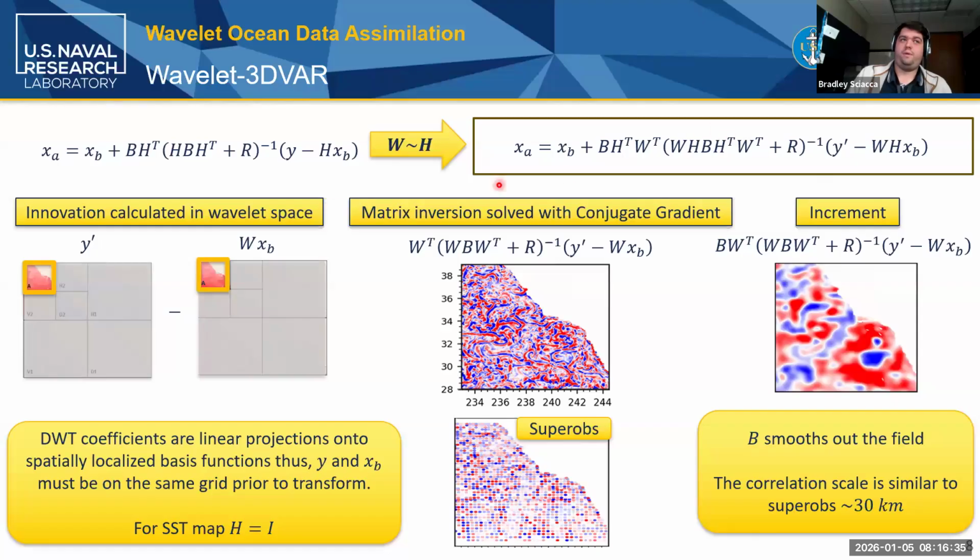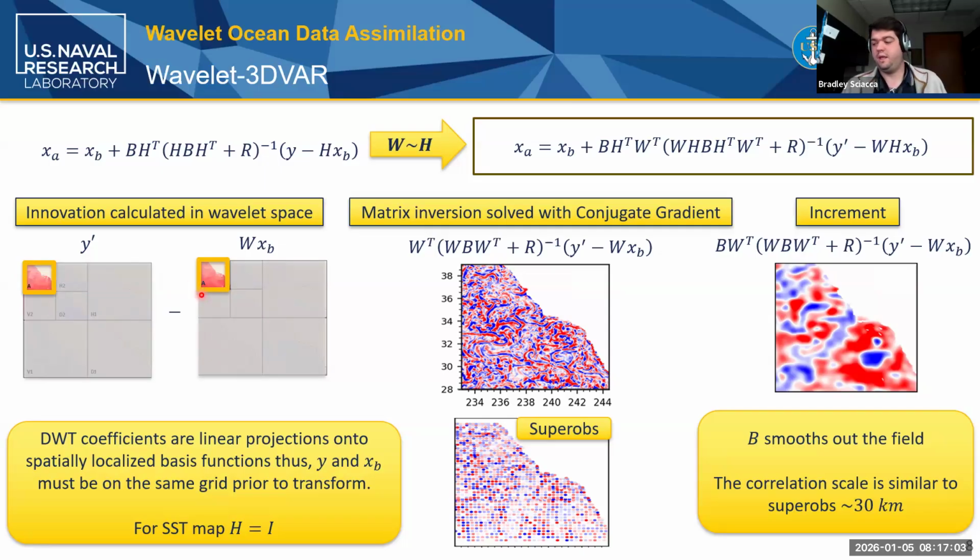So we will calculate our innovation in wavelet space. So we have the Y prime here, which means that the observations are now in wavelet space. And then we will bring our model background into wavelet space with our wavelet operator. So it's going to remove the same level of details, perform the transform to the same level and all those things to make sure that we're in a compatible wavelet space.